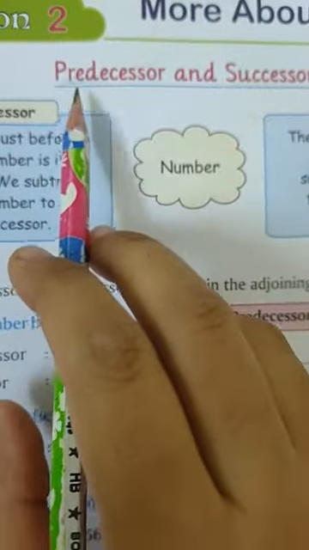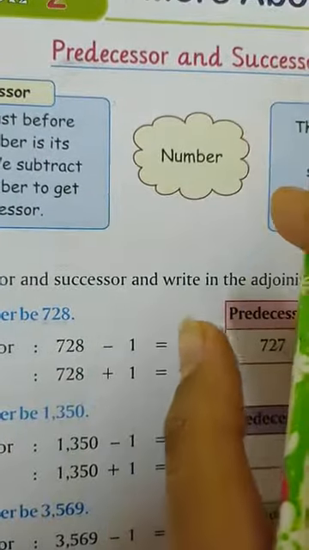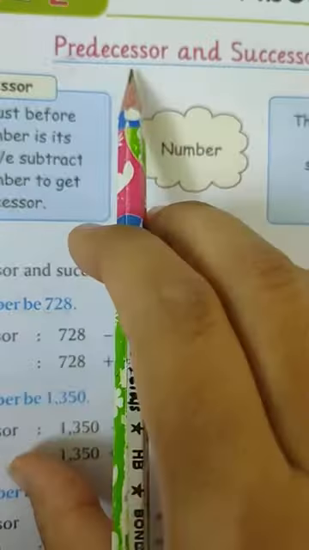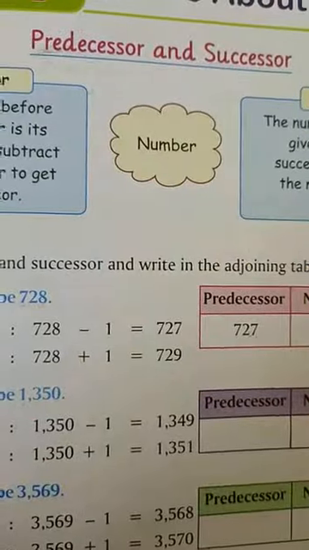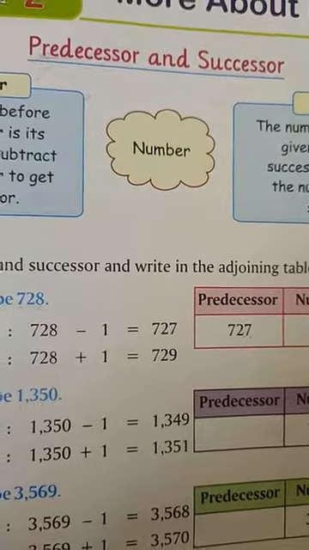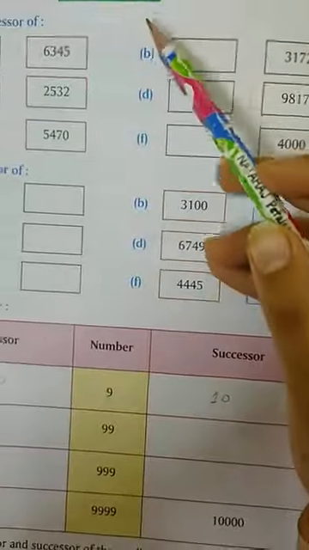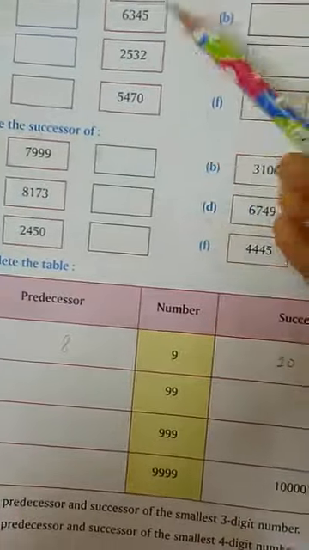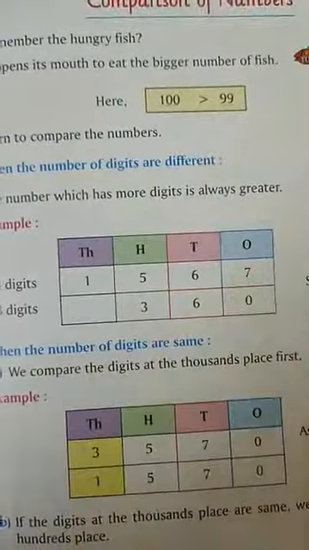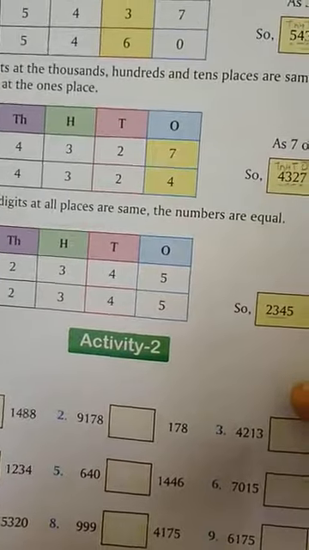We learned about predecessor and successor, and we also learned how to find the predecessor and successor of a given number. Here is activity 1 on this concept, and comparison of numbers. This is all for today. Hope this is clear to you. Thank you.